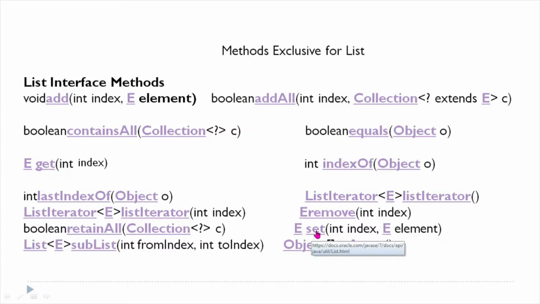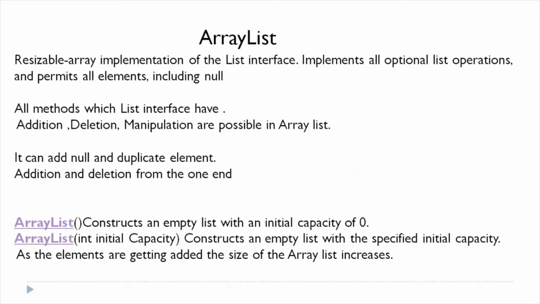Set replaces the element at a given index, by simply giving the element at a particular index. This method can provide a sub list from index to index. So this is all about the methods of a list.